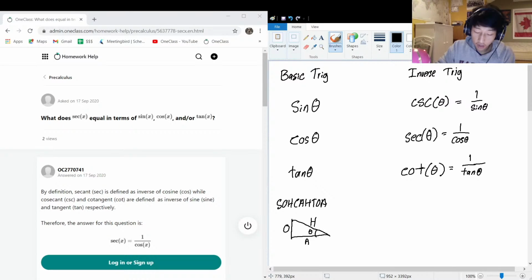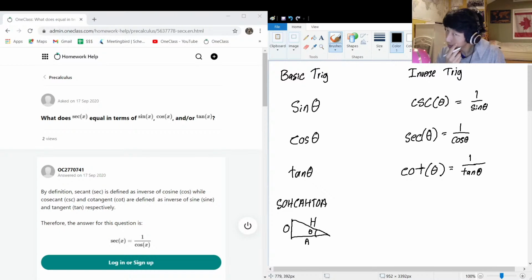Okay, now, do we even need the inverse trigonometric operators anymore? Not really, because they are really just defined in terms of the reciprocal of the basic trig, but way back in the day, before we had calculators that could fit in the palms of our hands, we were doing calculations by hand, like all the time.